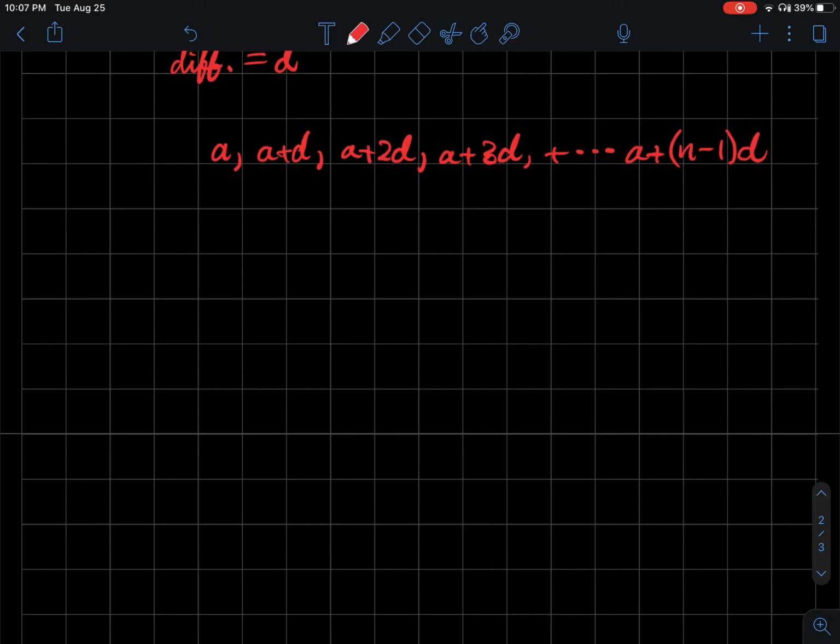Now, we're going to do the series and add it up. S is equal to a plus (a plus d) plus (a plus 2d) plus (a plus 3d), and it'll go on until a plus (n minus 1)d.